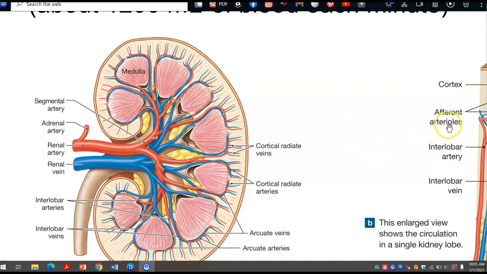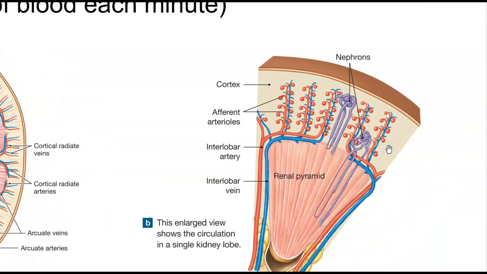And then if we move over to picture B, you can see that there is blood supply also to each nephron. And the arteriole that enters into the nephron, into the renal corpuscle, is called the afferent arteriole, and then the one that leaves is called the efferent arteriole. But you can see kind of blown up here the interlobar artery that branches from the segmental arteries.